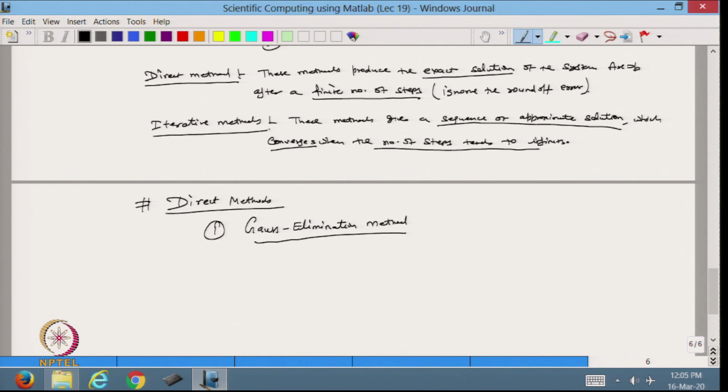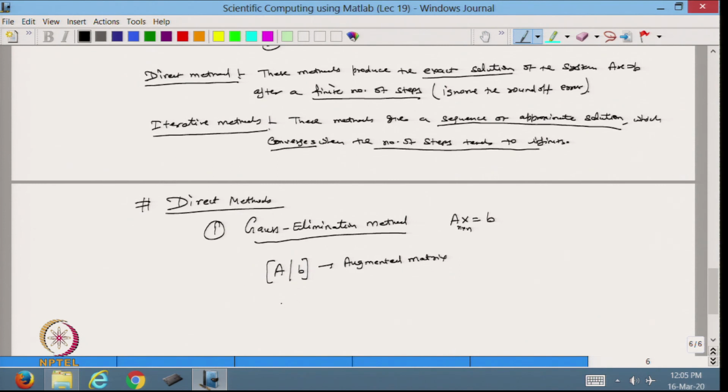In the Gauss elimination method, we have a system Ax = b, where A is an n cross n matrix. Now, I will write matrix A and then its right hand side vector. This matrix is called the augmented matrix.